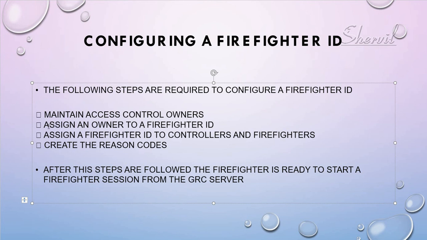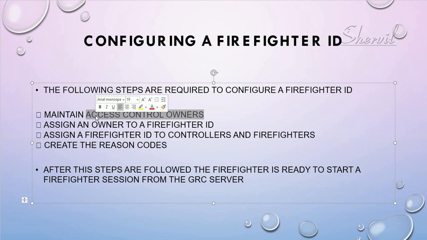Then you need to assign an owner to the firefighter ID. This is the role, basically. You're just saying that this person is the controller and this person is the firefighter ID owner. That's all you're specifying.